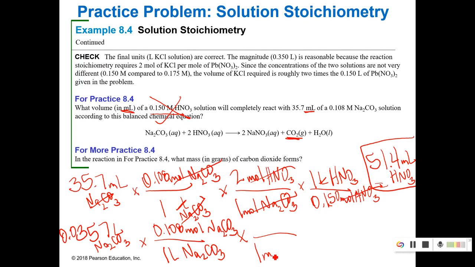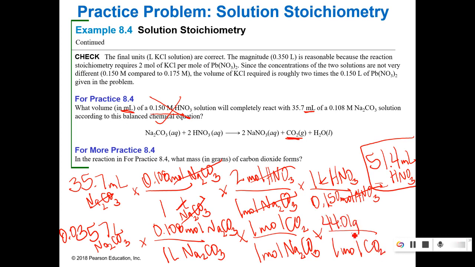Mole ratio, the bottom part is the same. So my given is still the same, but now the top one is different. This is 1 mole of carbon dioxide. I've got 1 mole CO2 is 44.01 grams CO2. I get 0.170.